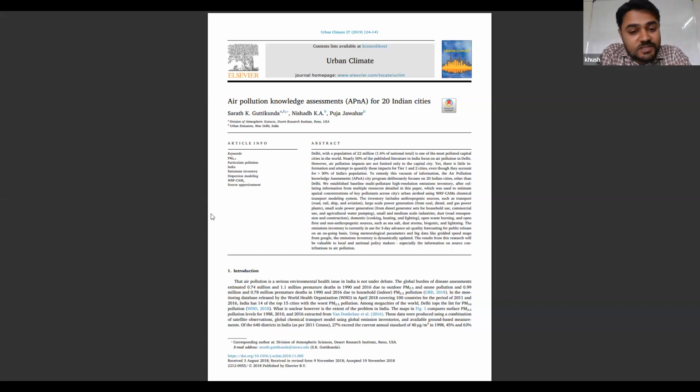The global burden of disease assessment estimates 0.74 million premature deaths in 1990 and 2016 due to PM 2.5. Google can also give you this information. Okay, this is general information. But what you have to look for in the introduction of research papers is how the author has identified the gap and how he has addressed his question. Okay, so that is one thing.